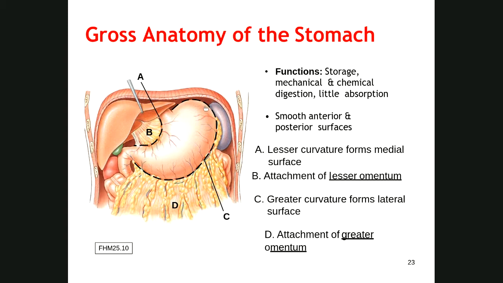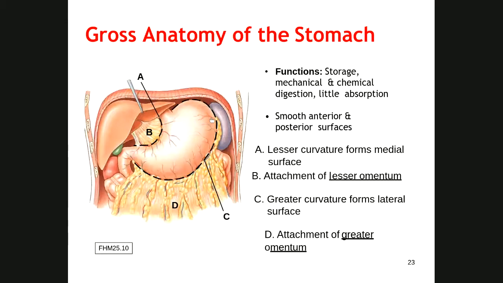I'm using the pointer right now. Looking at the figure, the upper part of the stomach is above the lower esophageal sphincter, in contact with the lower surface of the diaphragm. This round part of the stomach is the fundus.